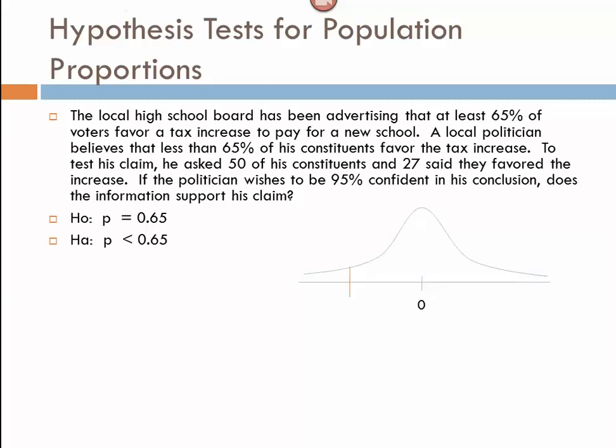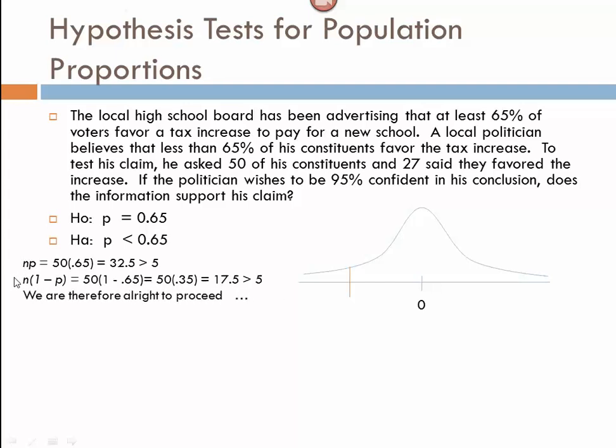Now in this test, we see that we are allowed to use the z because n times p is equal to 32.5, which is greater than 5, and n times 1 minus p is also greater than 5. Again, this is something you don't really have to worry about for our purposes. But what this tells us is that we can use a normal curve.